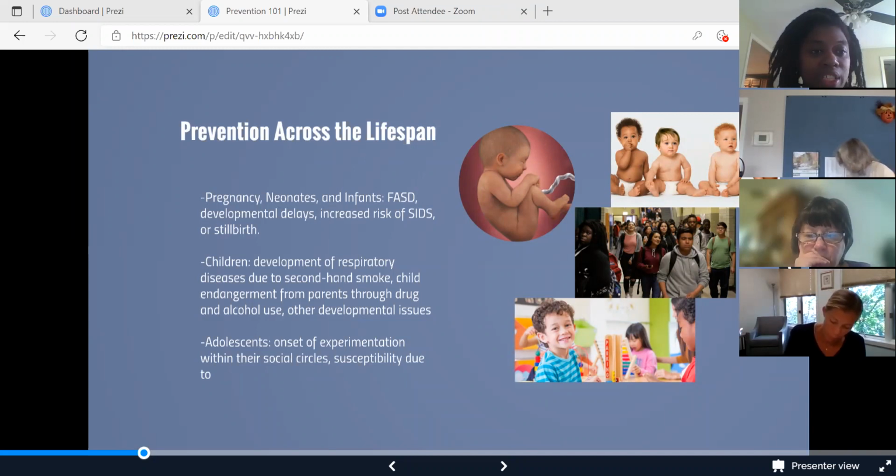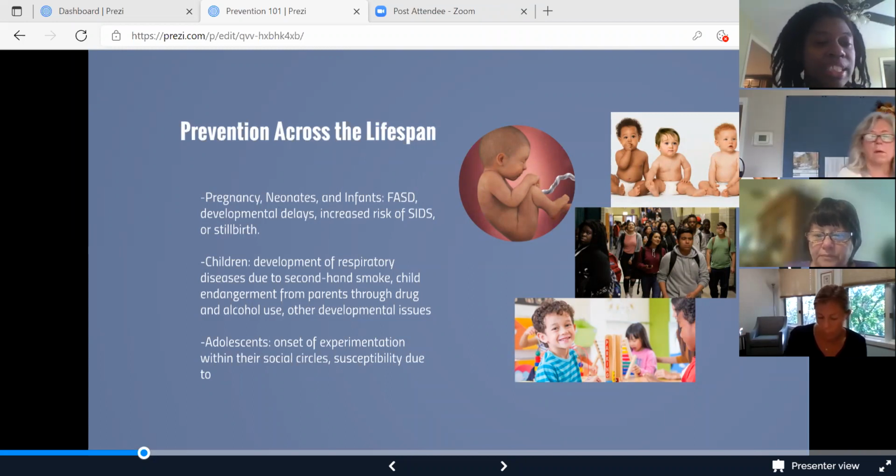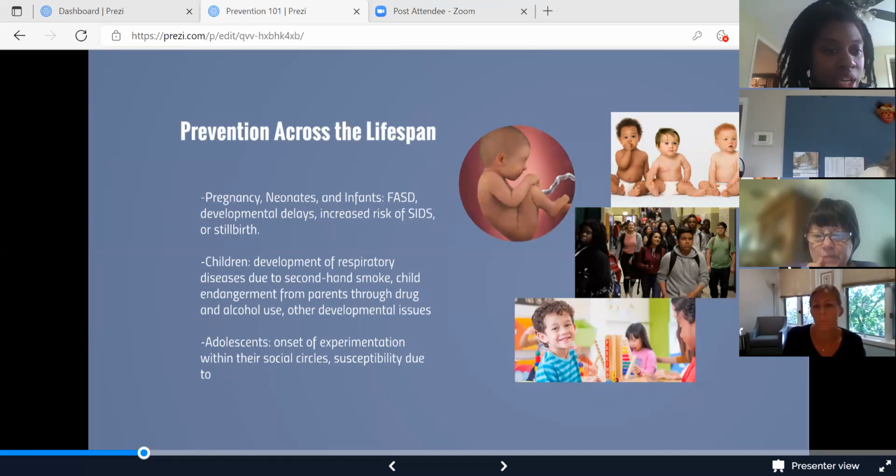Children may develop respiratory diseases such as asthma and bronchitis due to secondhand smoke, endangerment from their parents due to alcohol or drug use, developmental issues, and cases of domestic issues.